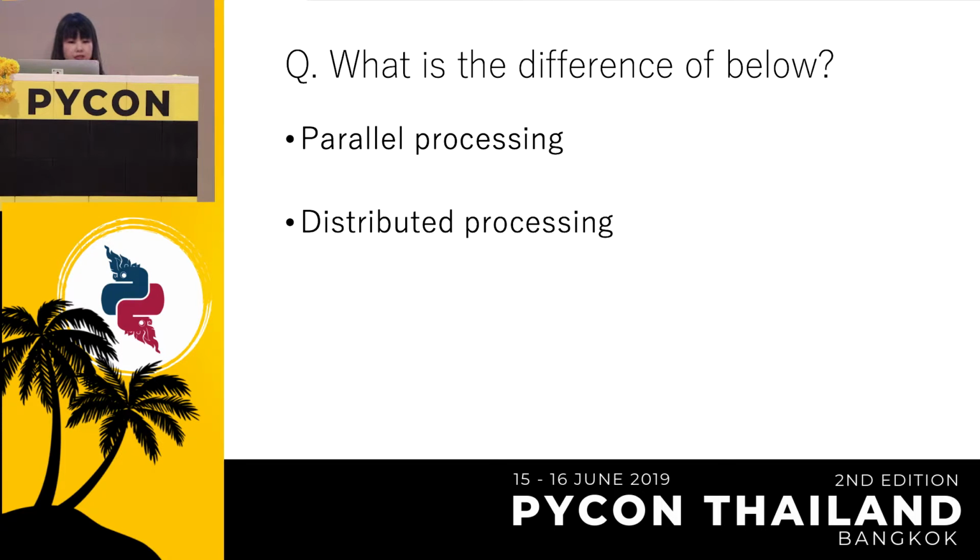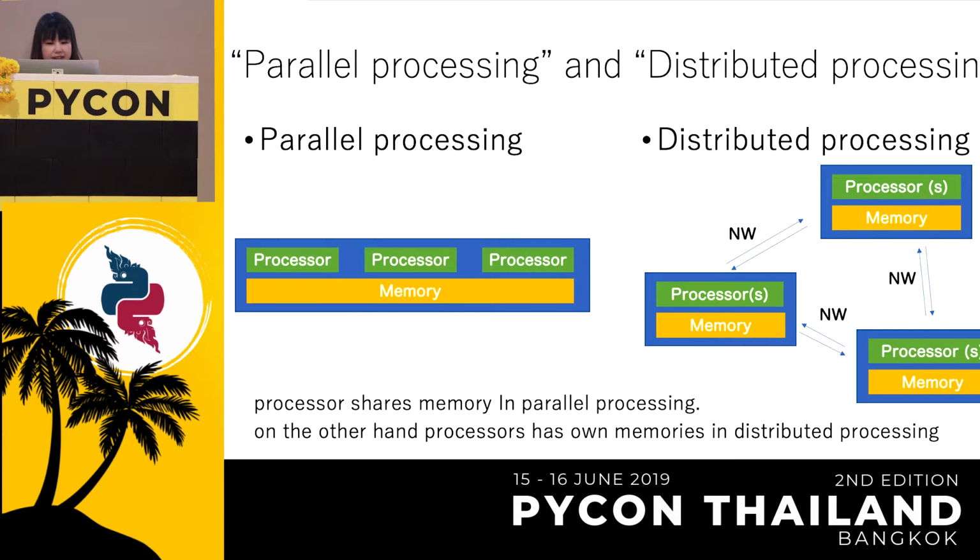So next question: what is the difference between parallel processing and distributed processing? Can you explain? Oh, no? Yes. So I'll explain. Parallel processing is mainly for only one machine. We have 3 processors in this image, and the processors share the memory.